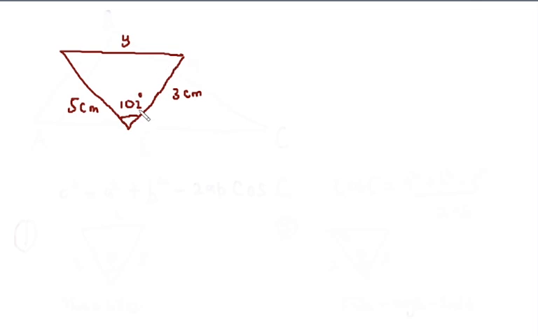So in this example, like I said, you have to be given the three sides first before you use the cosine rule, or you have to be given the side, angle, side. In this case, we have the side, angle, side.